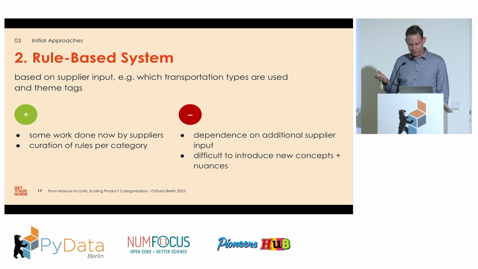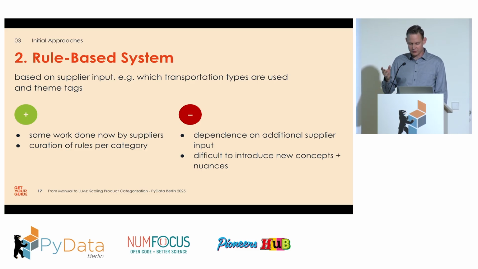But of course, there were also downsides. So one is the dependence on this additional supplier input. We noted, for example, that this transportation type, if there's something very infrequent, let's say balloon, then the suppliers maybe didn't see that was also needed to put in as a transportation type, and that wasn't good quality. Or it could even be gamed by the suppliers.